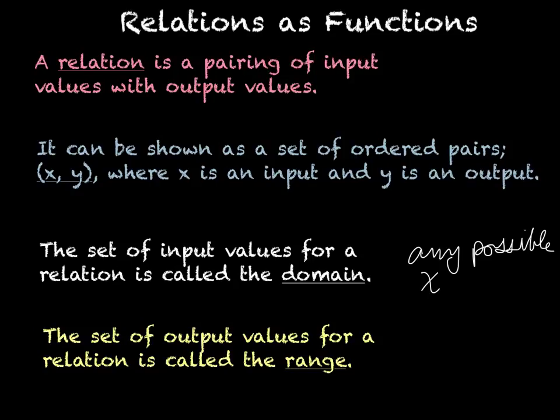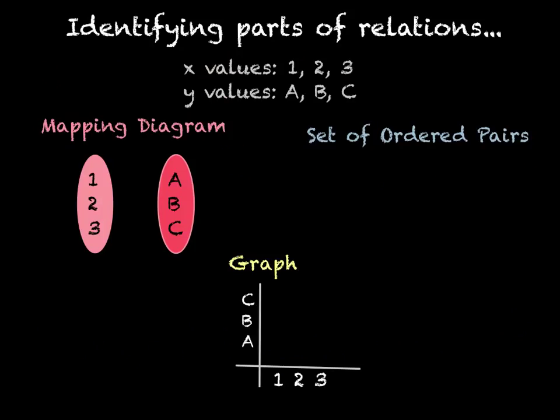And the set of output values for a relation is called the range. So that would refer to any possible y value. Alright, so that's how we would match them up. There are a couple different ways we can look at this.